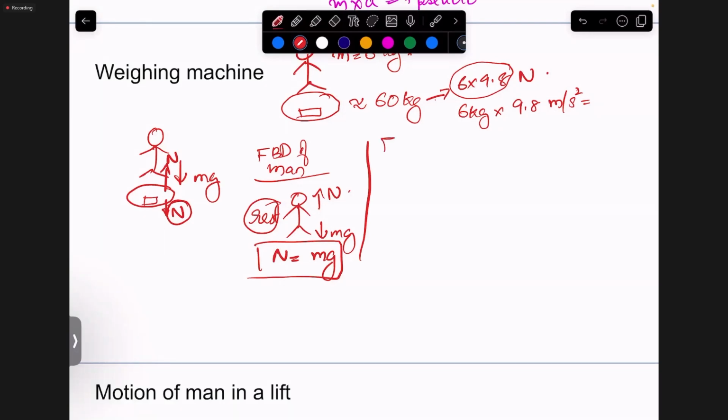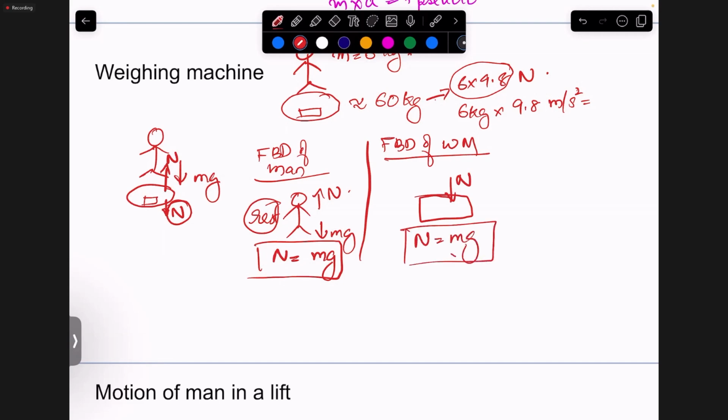So for FBD of weighing machine, what will happen? The weighing machine is here and it will have an N over here. So that N equal to mg, that we have found already. So that's why whatever is shown on the weighing machine is equal to the weight of the person.